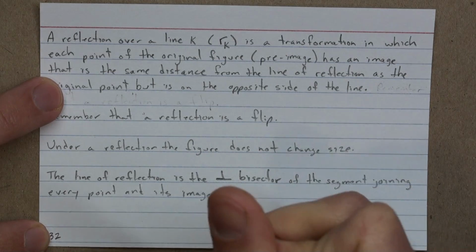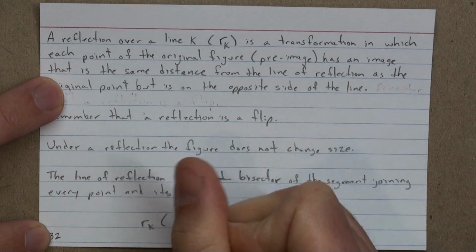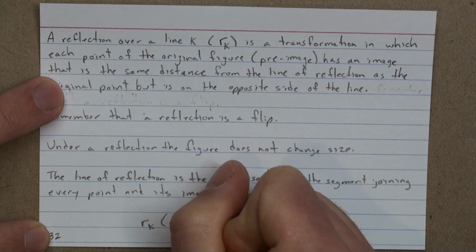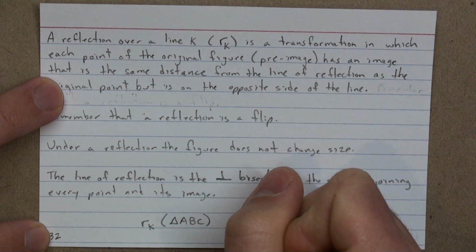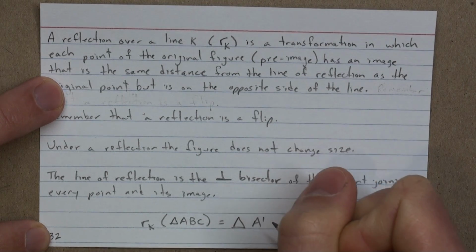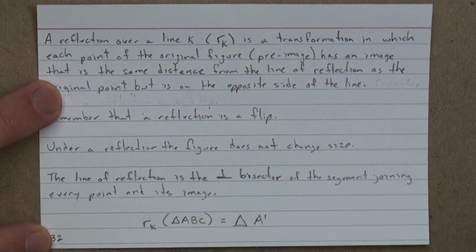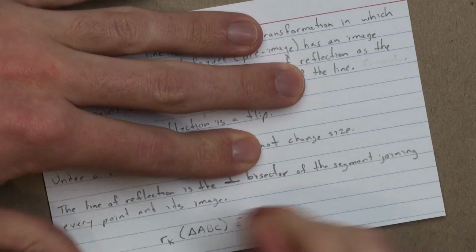Okay, so a reflection in the line K of triangle ABC equals triangle A prime. Actually, erase that. Let's put that on the other side.